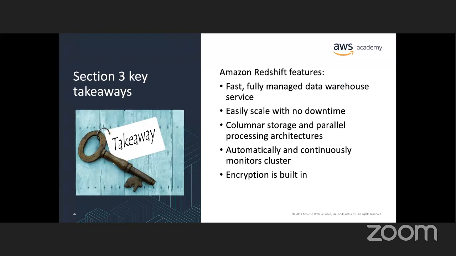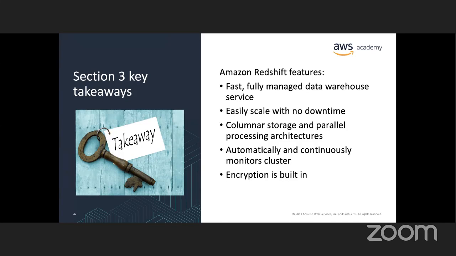So Amazon Redshift features, among them, we have that it is fast and fully managed. It's not managed only, it's a fully managed data warehouse, right? It means that, guys, you don't have to do absolutely anything with the underlying infrastructure.